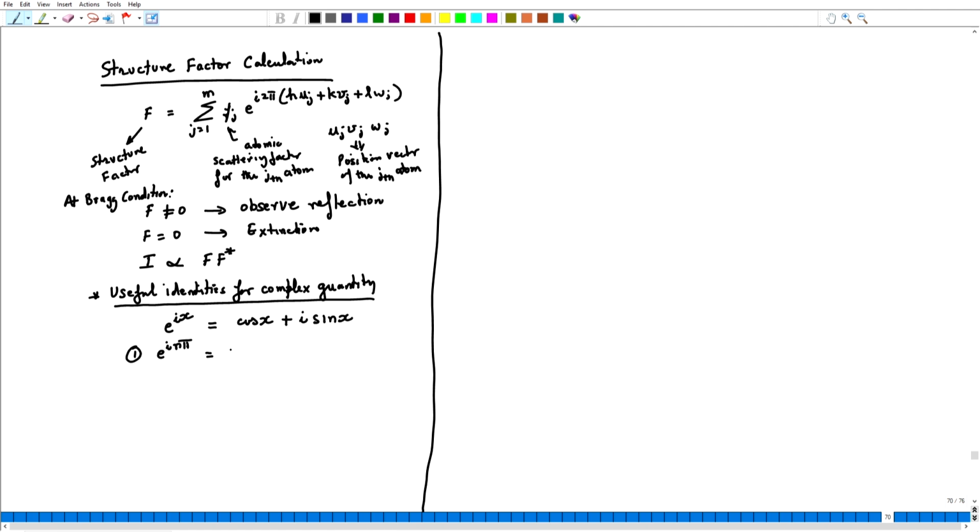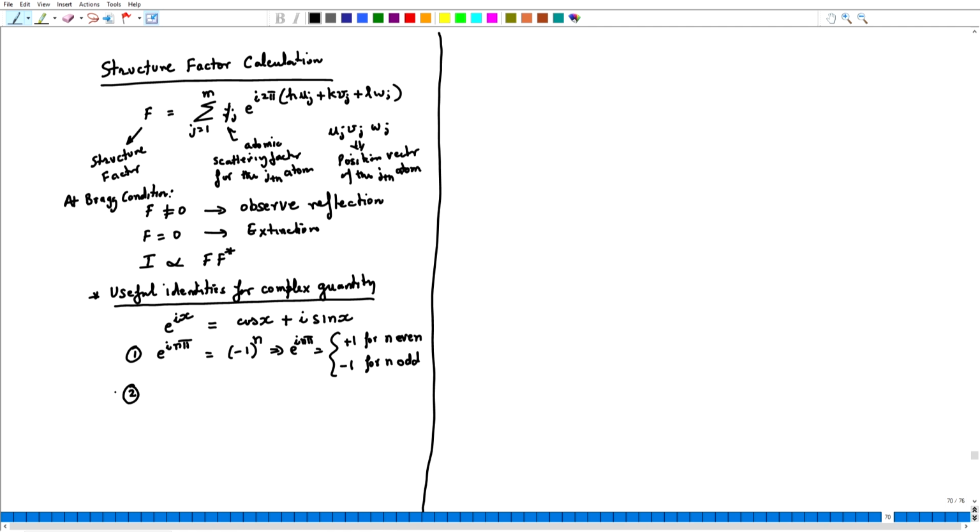This will be either minus 1 or plus 1 depending on whether n is even or odd. Very clearly, e to the power i n pi is plus 1 for n being an even number, and minus 1 for n being an odd number.